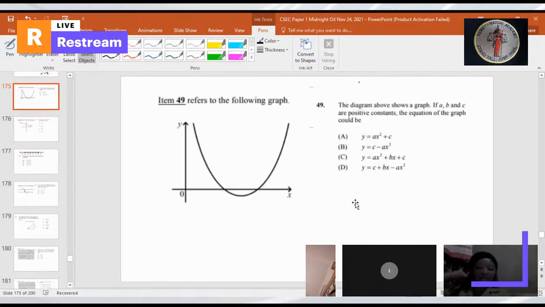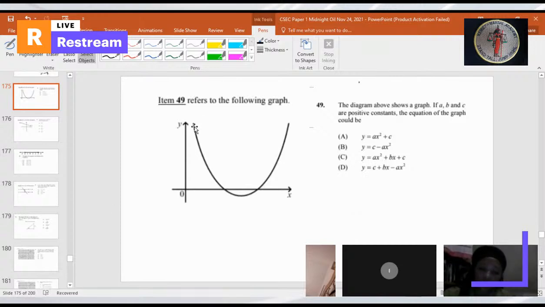Item 49 refers to the following graph. The diagram above shows a graph. If A, B, and C are positive constants, the position of the graph could be... All right, so looking at this parabola, the orientation tells us that the x squared coefficient should be positive.